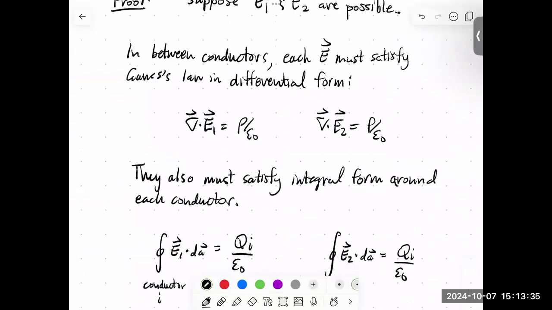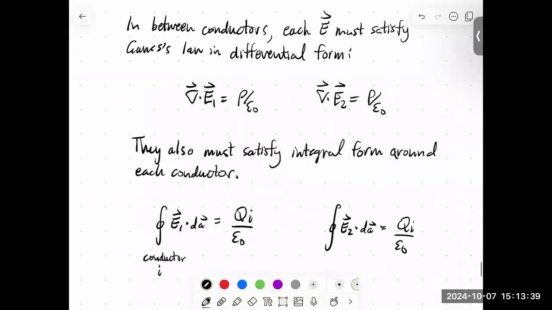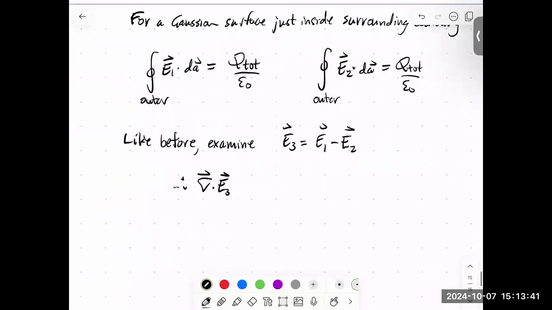Well, E1 and E2 have the same divergence, so when we take their difference, we're going to get 0. This is equal to 0. We're going to come back to this in just a little bit.